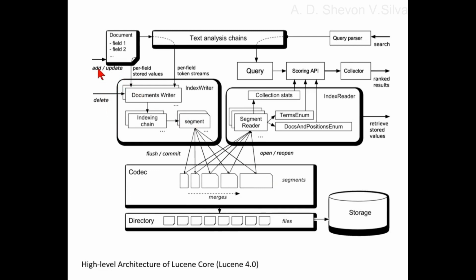Here the add/update is connected to the document. Fields are in documents, and the document is connected to the document writer via per-field stored values, and the document is connected to text analysis chains, and it is connected to the document writer via per-field token streams.